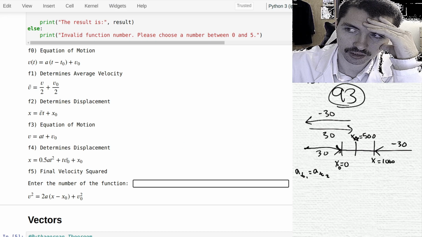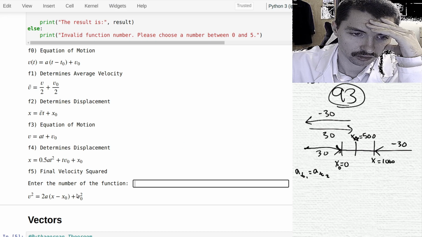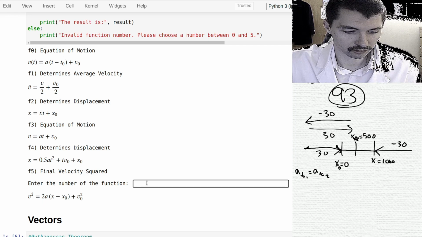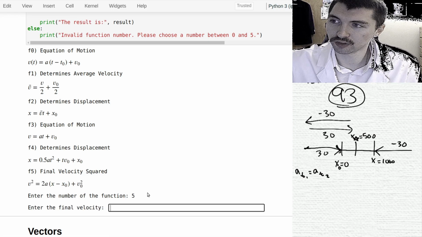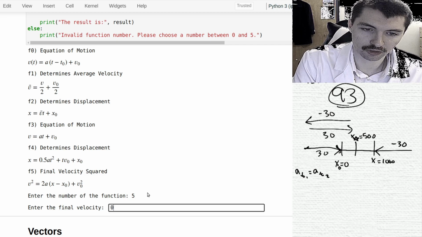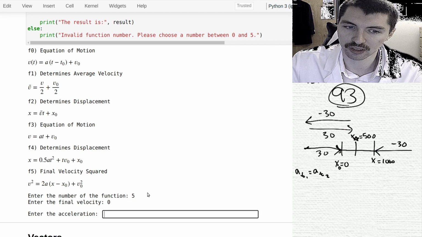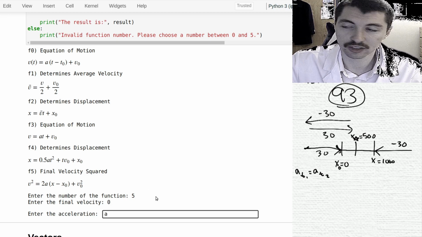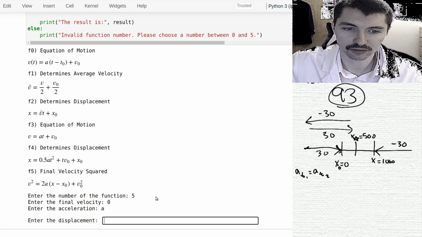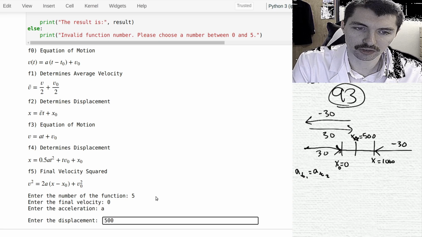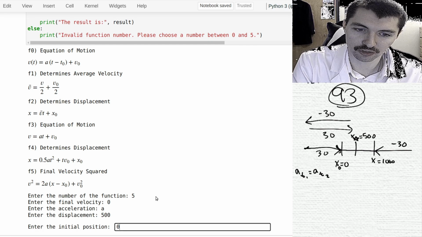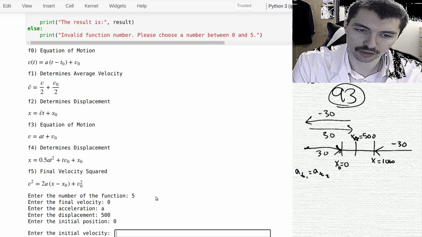We don't have a time, so we're probably going to use equation 5. So the final velocity is 0. We want them to be stopped. Acceleration is what we're calculating. Displacement is 500. Initial position is 0. Initial velocity is 30.